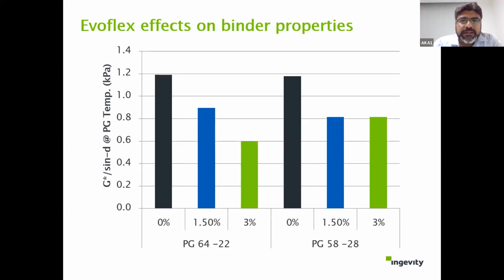Again, a few more studies with rejuvenator at different dosages. This was again the performance grades. You can see the modulus and how it changes. Basically they were more stiff, and we typically try to get somewhat more flexible ranges for those RAP binders.